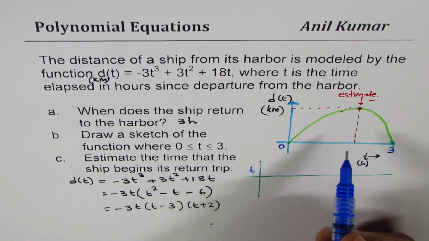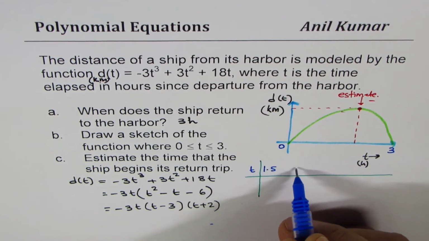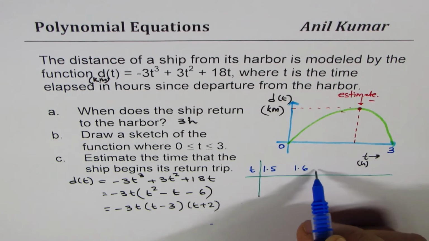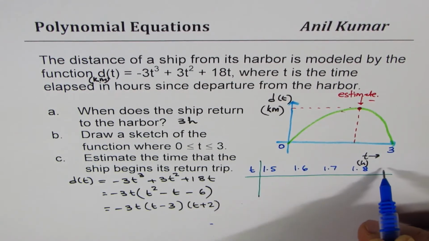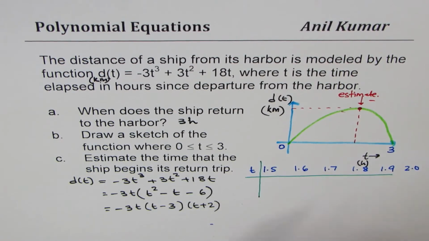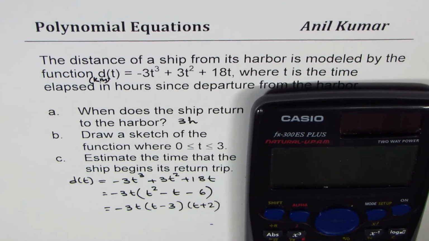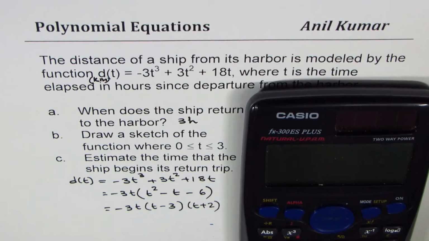So we could check with 1.5, 1.6, 1.7, 1.8, 1.9, and 2.0, for example, correct? So use your calculator to calculate these values. That is my suggestion. You can use any factored form which you have. So let's take some values.